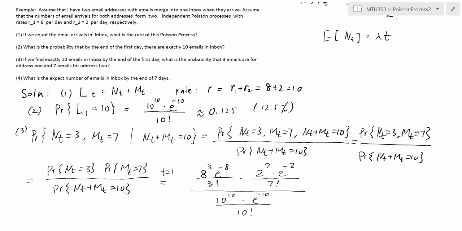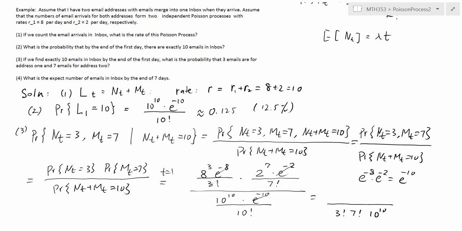Okay. Try to simplify this. We see the following thing, that e to the negative 8 times e to the negative 2 is exactly e to the negative 10. So we can cancel these terms over here. This one and this one and this one, they are cancelled. And then what we have over here is the following. So we have the answer, and we have 3 factorial and times 7 factorial and 10 to the power 10, and that's in the denominator.